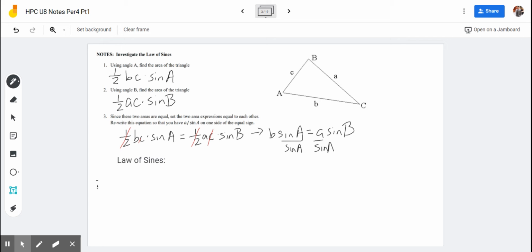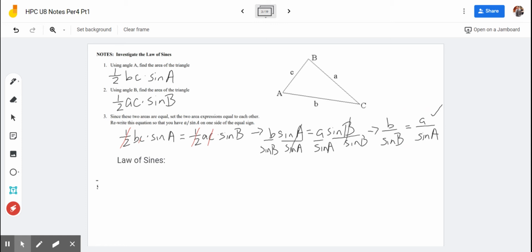And then that would cancel out, and then we just have to get rid of sine of B here. So you would have B over sine of angle B is equal to A over sine of angle A.